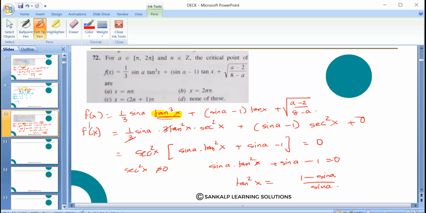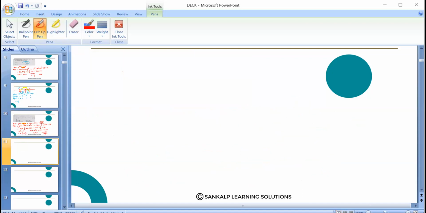Now, since a is in the interval pi to 2 pi, in this interval sine will be negative. One more thing is sine a will always be between minus 1 and 1.